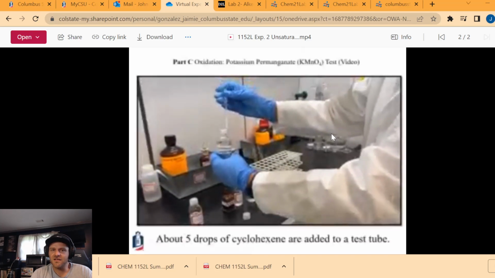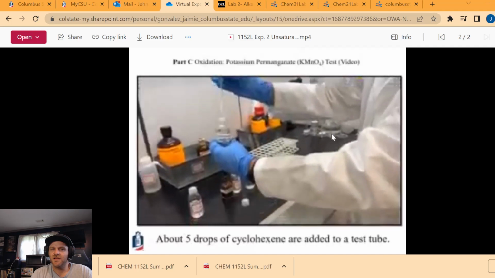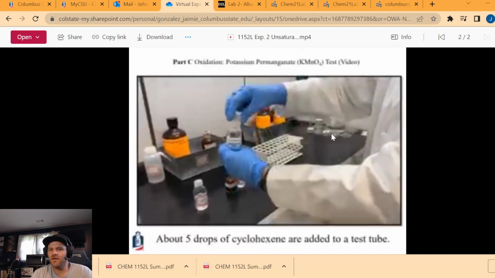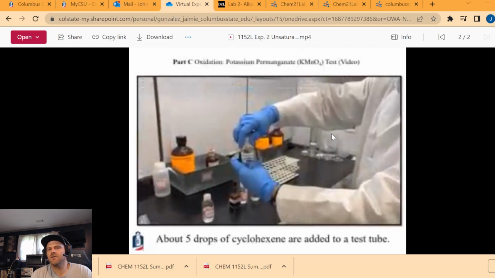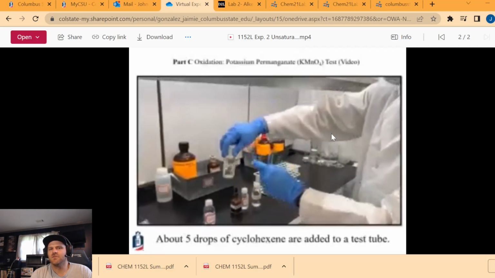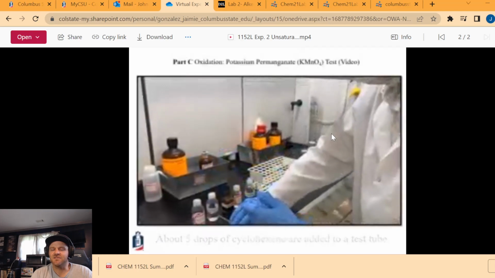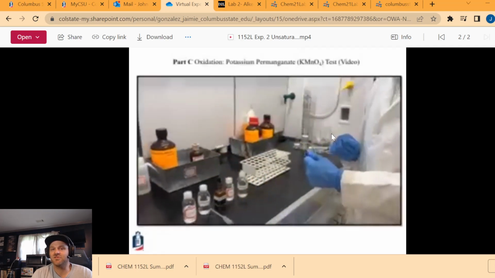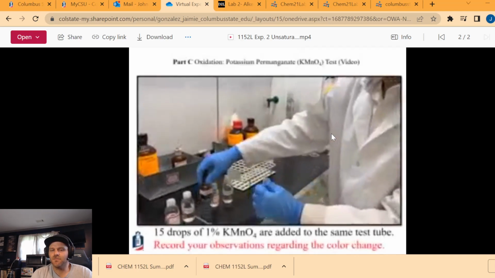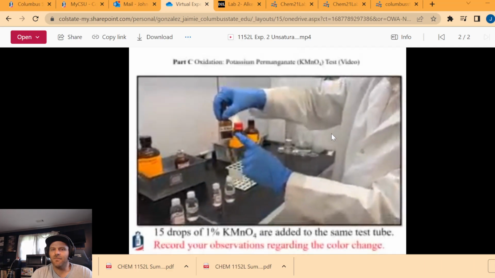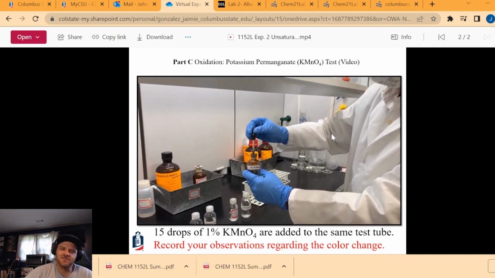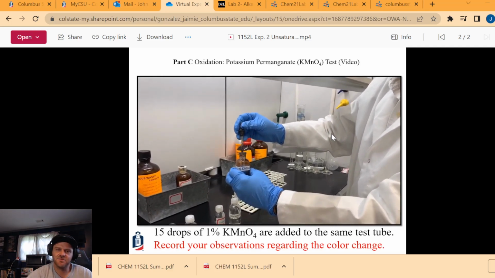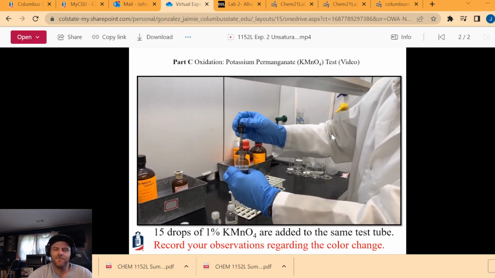And if a reaction occurs, this one actually makes a dark brown, kind of mud color when it reacts. Okay. And this is oxidation. So we're adding an oxygen to some portion, and the resulting manganese makes a manganese dioxide, and that's where that brown color comes from.